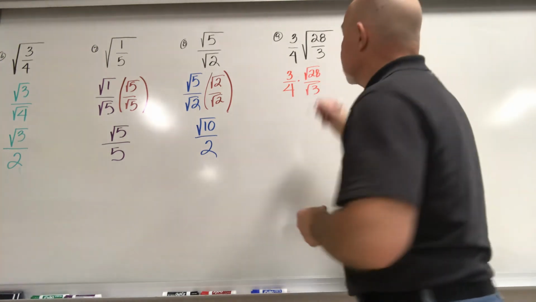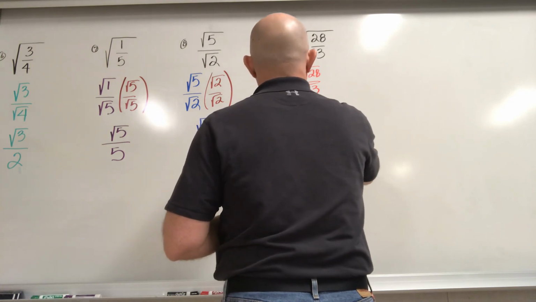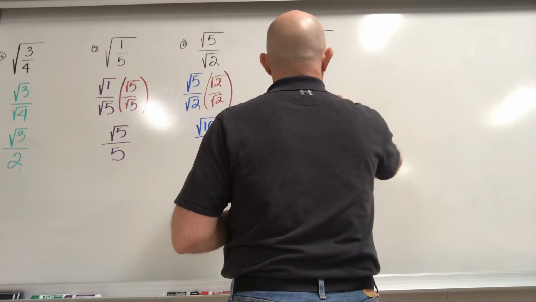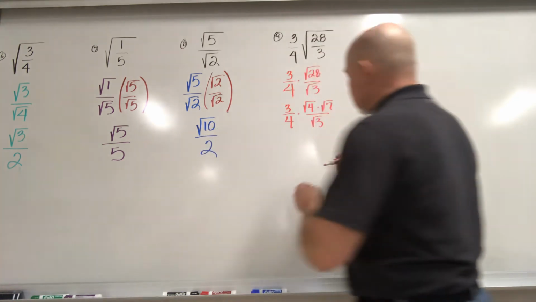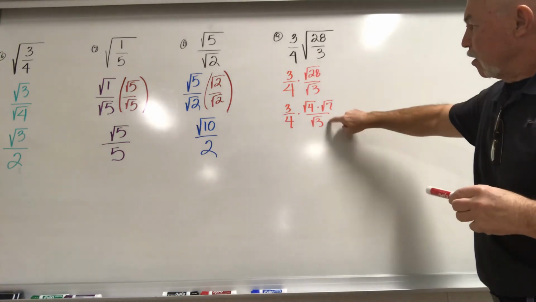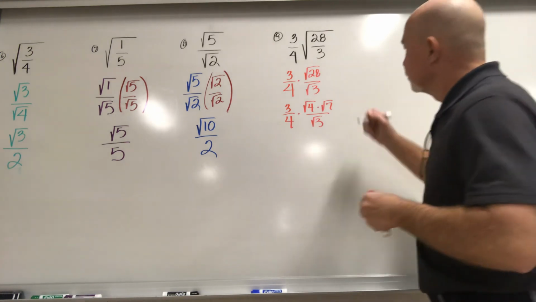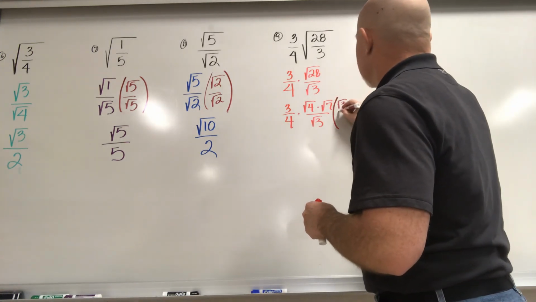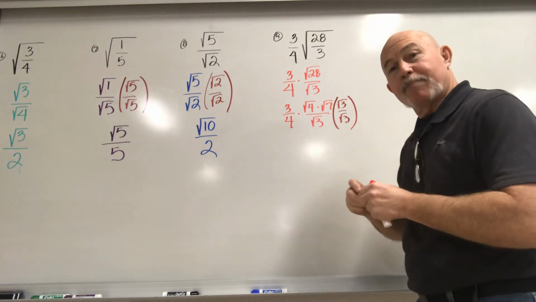Okay, it's going to give me smaller numbers inside. Okay? That's what we have to deal with. That's going to be a 2. Okay? So we're multiplying by 1.